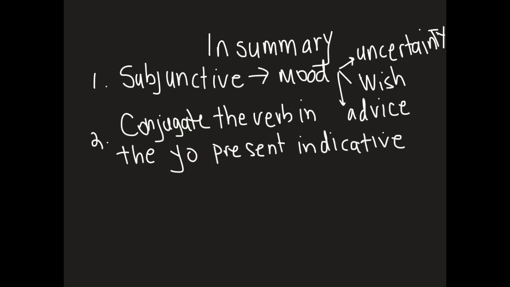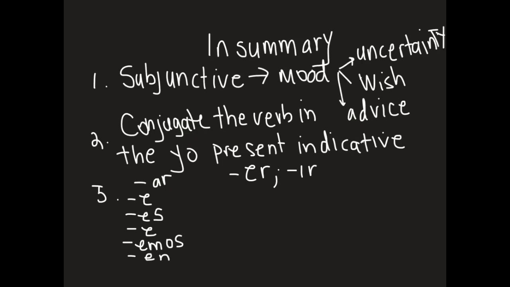And then we replace the ending. If it is an AR verb, we change it for e, es, e, emos, en. And for ER and IR verbs, we change the ending for a, as, a, amos, an.